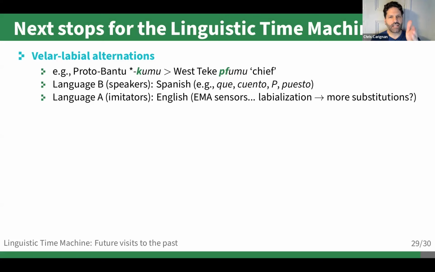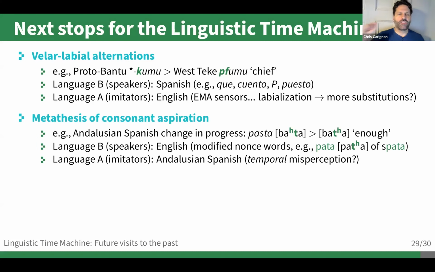This is the idea, that if this is indeed due to listener misperception, then we predict that this would be the case. I don't speak Spanish, so this can be horrible, but these examples like cuento, well, I would slice part of the vowel out, so you wouldn't have the whole word here, but the environment of like cuento versus que, puesto versus pe, that those would happen for cuesto or cuento and puesto, but not, or not as often, with the non-labialized.